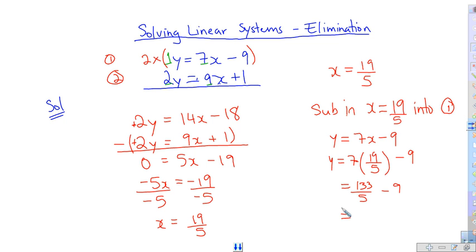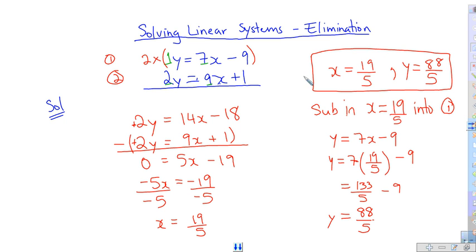I can do 133 over 5, minus 9, and I get 88 over 5, which cannot be reduced. And so I have my other part of the solution, y equals 88 over 5, and that is all.